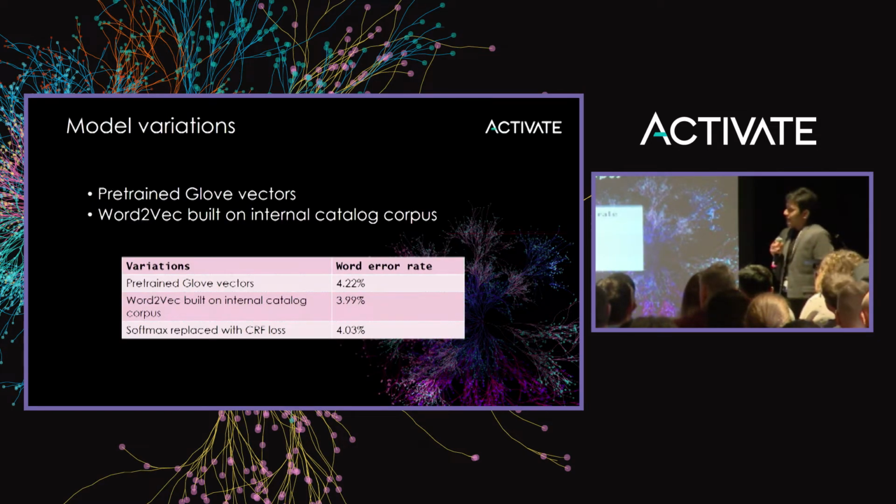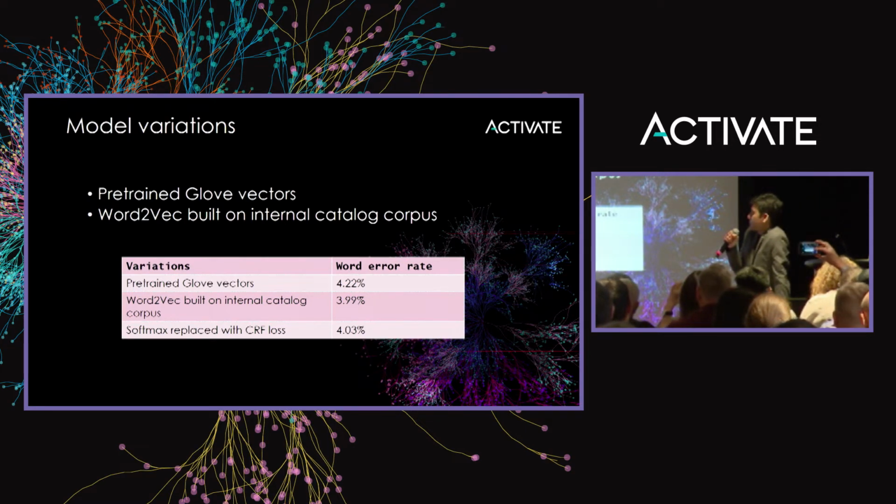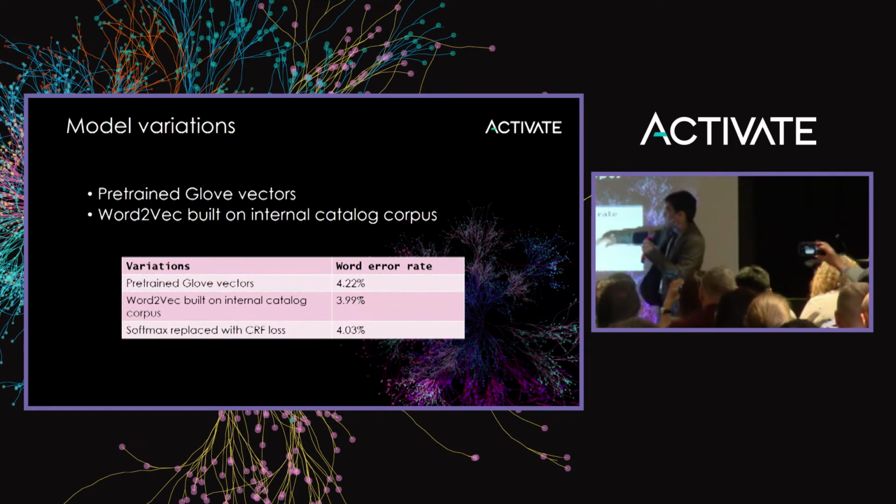Okay, with that, I'll come to a few model variations which we have tried and some results, and how the results of this particular model are appearing. One of the model variations we attempted is which word embedding to use.